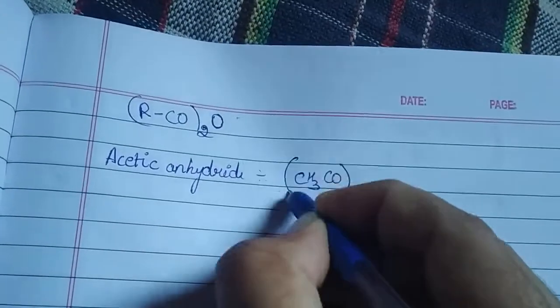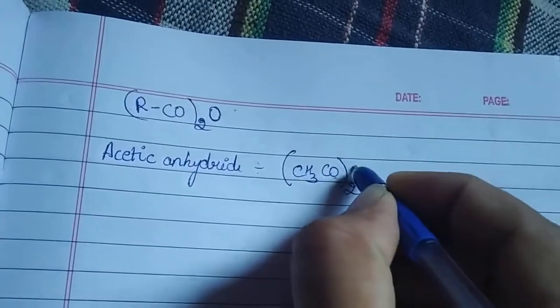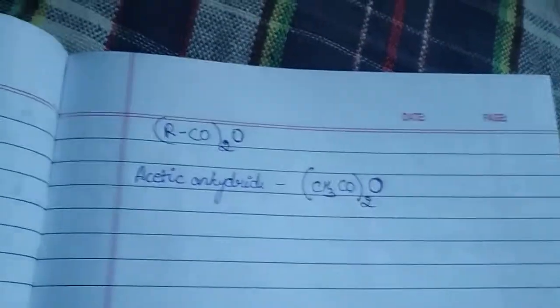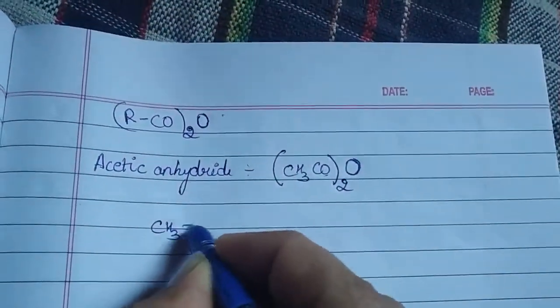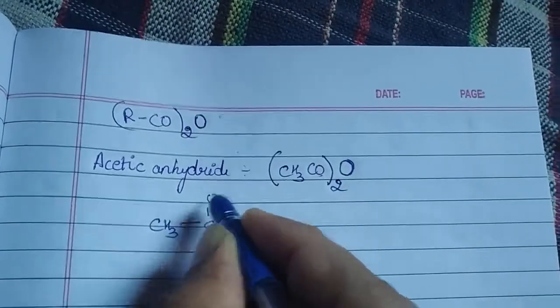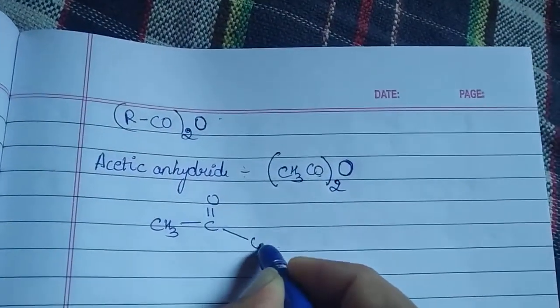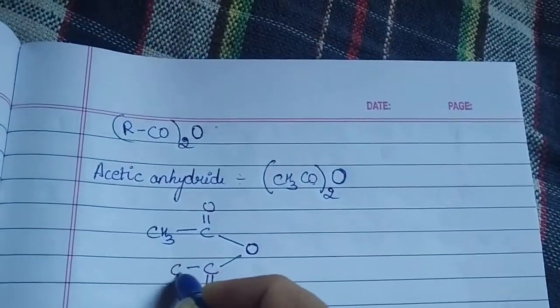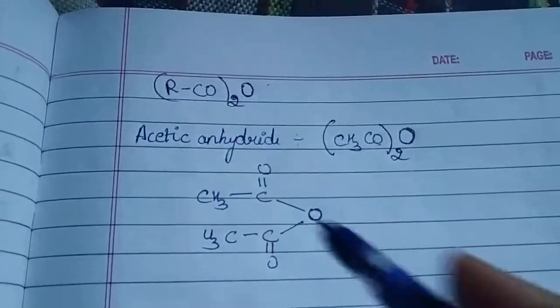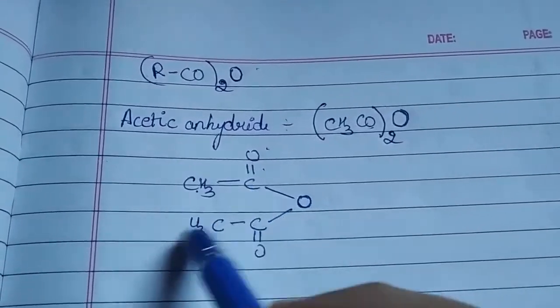CH3CO. Can you see? Overall, this is only twice, and only one oxygen at the outer part. Let me show you how the general structure is. CH3CO, which has been linked with the oxygen. Once again, C double bond O, CH3. So CH3CO is twice.